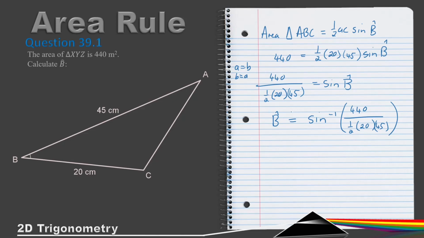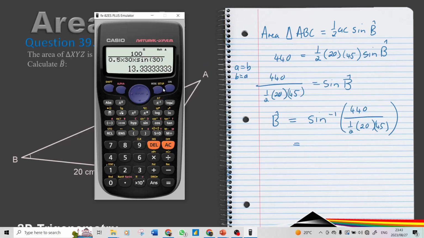And then you obviously take the inverse of sine, and the answer is shift sine of 440 over half times 20 times 45, which is equal to 77.89, but this is going to change the 9 into a 10, which would change the 8 into a 9.